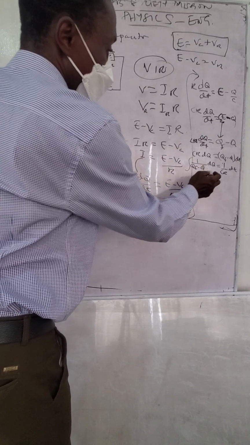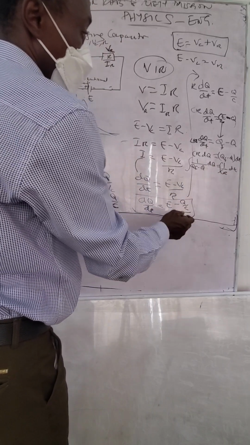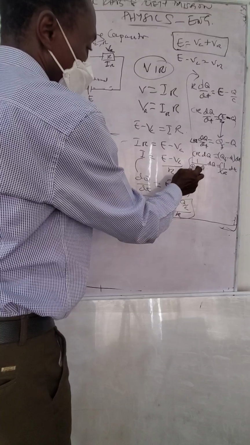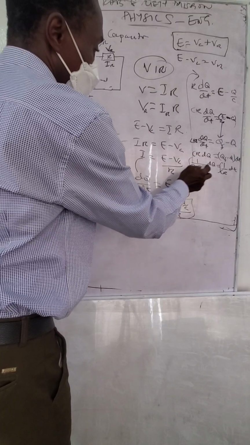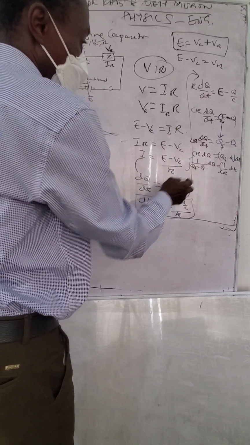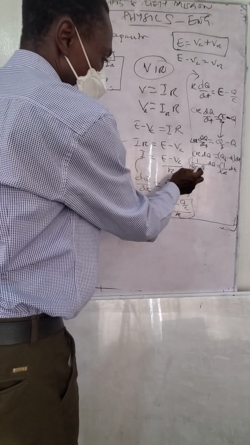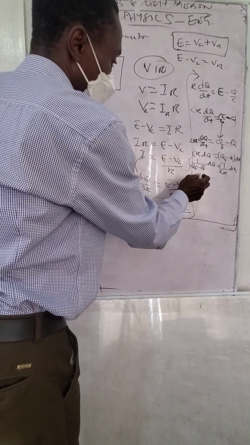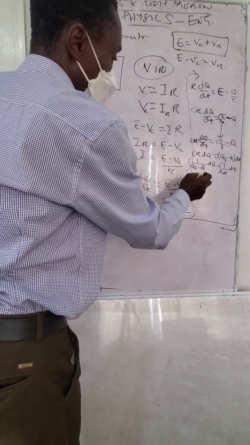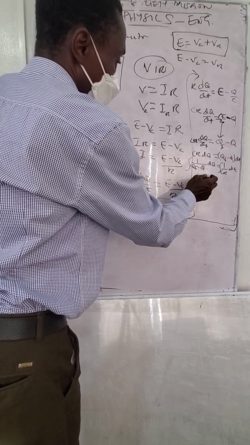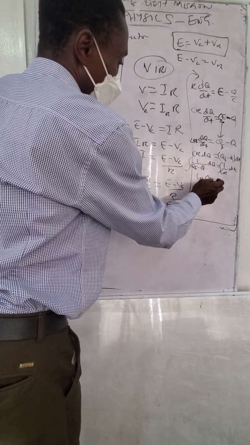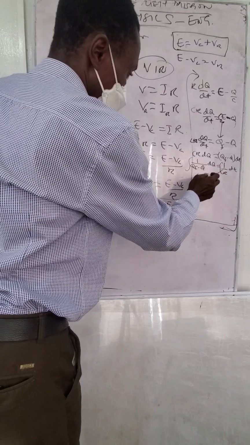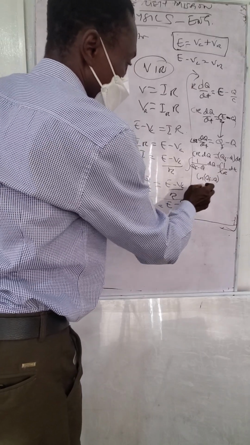You can integrate this side and integrate that side. Remember, anytime you are integrating, this is now a constant. If you have 1 over a certain number, look at it whether it's natural log, like we did initially. So if you integrate this side, it will give us natural log of Q final minus Q. This is what we are having here.